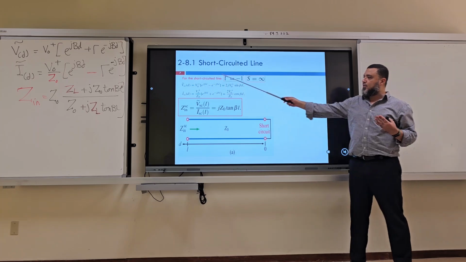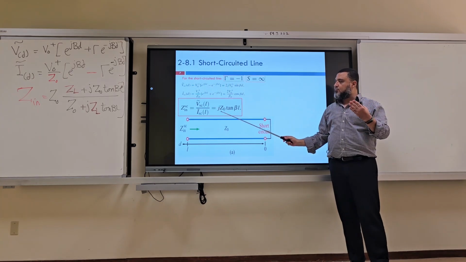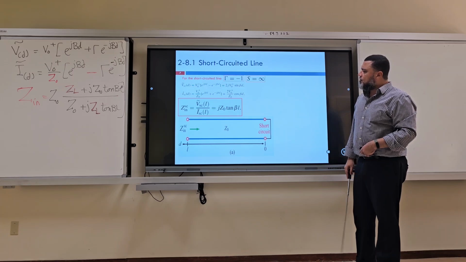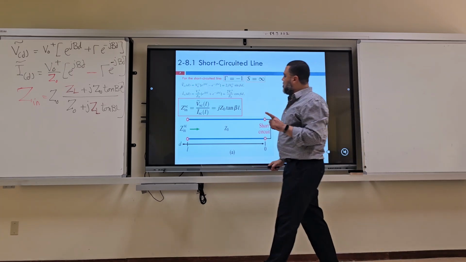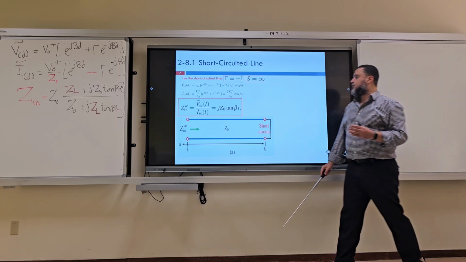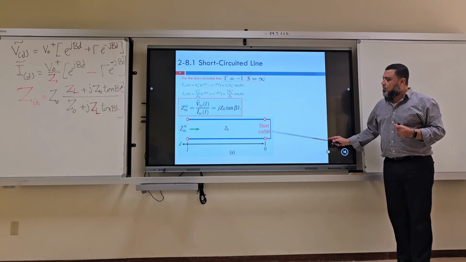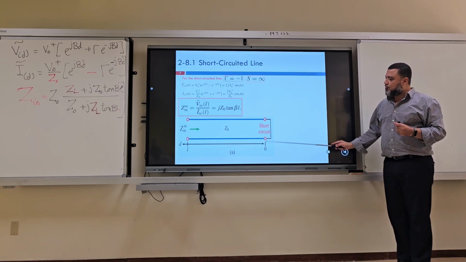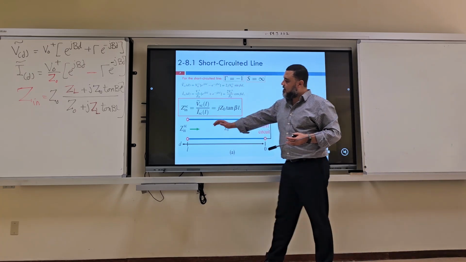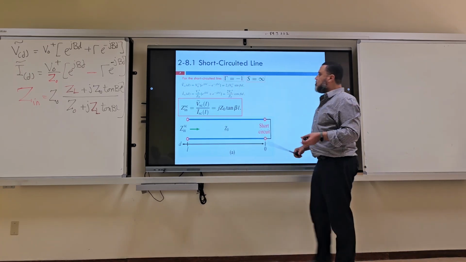If you divide V by I, this will give you the input impedance. This is the input impedance of the transmission line when D equals L, because D equals L means you are at the load. If you remember, D equals 0 is the location of the generator, and then D increases until we reach the load when D equals L.